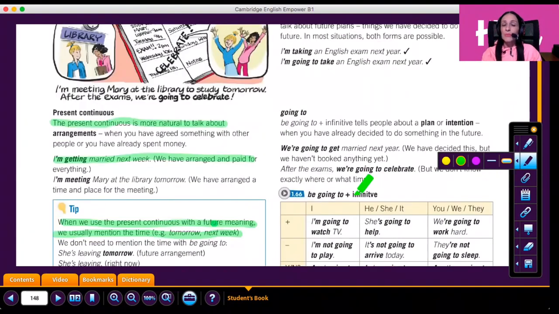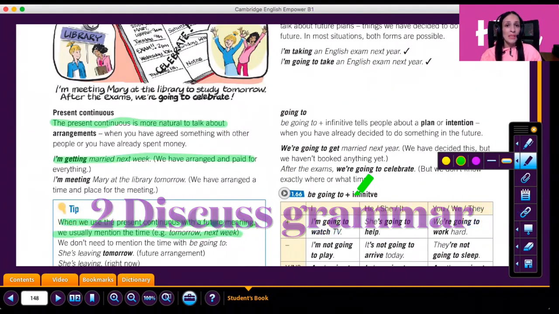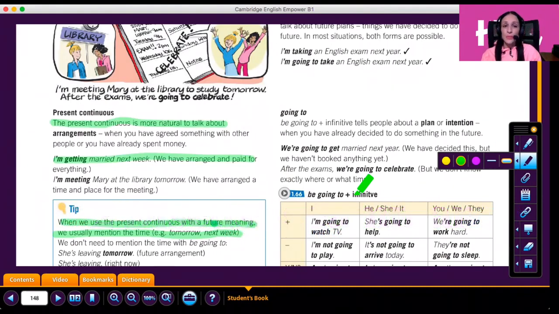The second step, I usually get my students to discuss what they understood of the grammar text. They can give each other oral examples, or if I send them out to the breakout rooms on Zoom, they can actually write examples as they are talking to their peers. They can write examples in the chat.